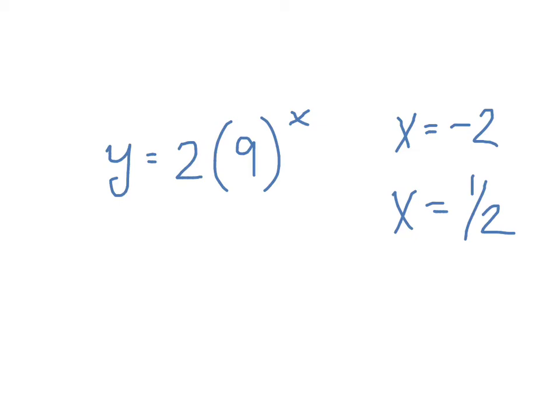So on the first one, I got y equals 2, parentheses, 9, caret negative 2. So when I type that into my calculator, what number comes out for me? 0.024691.